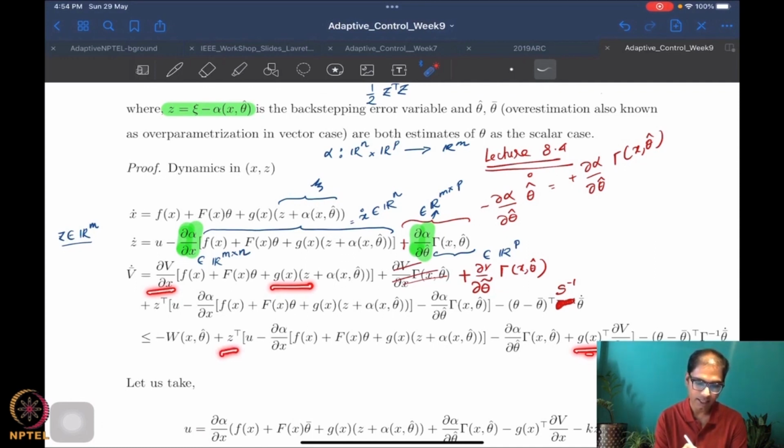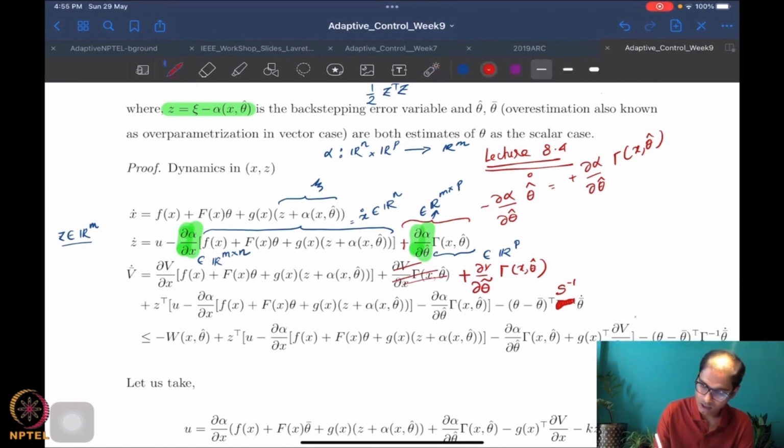All right, this is Z transpose, G transpose, and del V del X transpose. But del V del X will be, since V is symmetric, there is no need to transpose it. But if you want, you can just use the transpose here, no problem. Let's just use the transpose here.